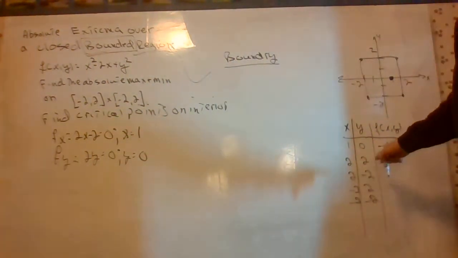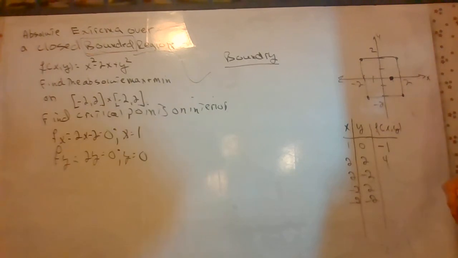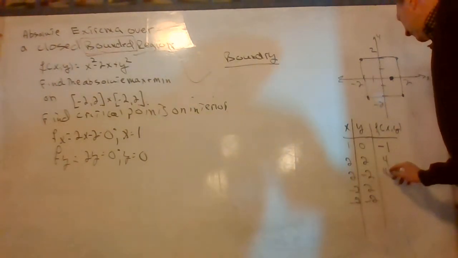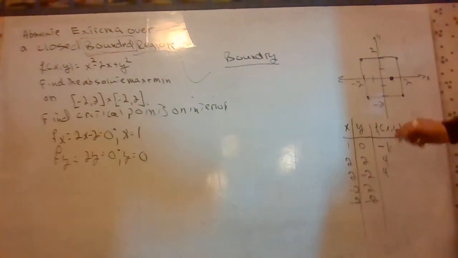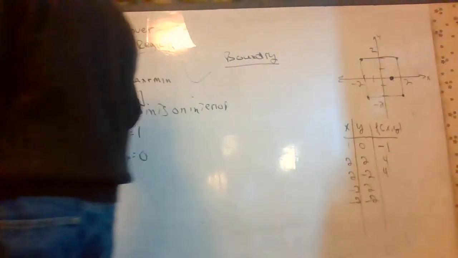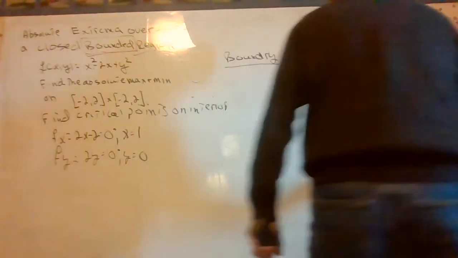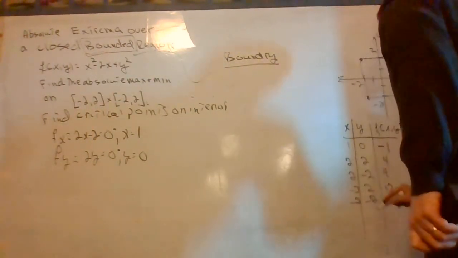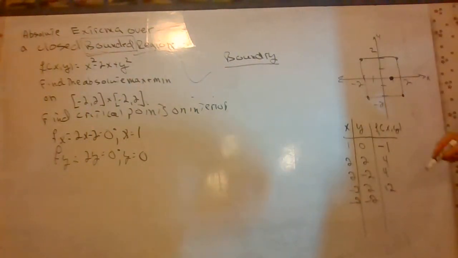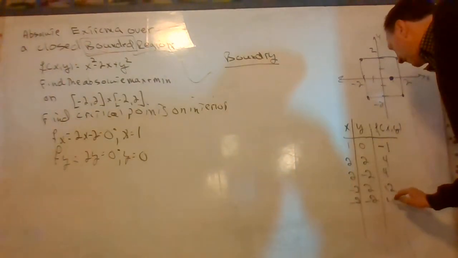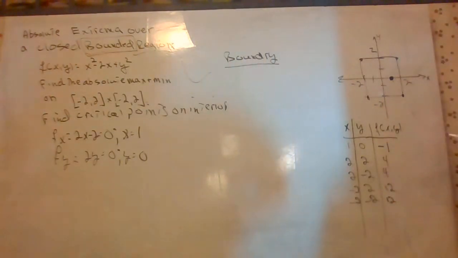At (2, -2), y is negative 2. Actually, that's going to give you 4 as well. And (-2, 2) gives you 4 plus 4 plus 4 is 12. (-2, -2) ends up giving you 12 as well. So far, the absolute minimum is negative 1, the absolute maximum is 12.